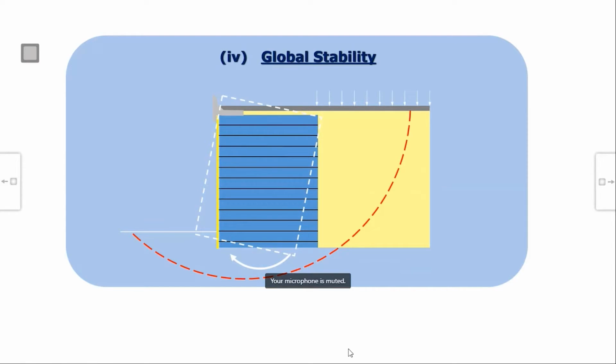And for global stability, we have to take this as a rigid body, take properties of this soil, we neglect the facia normally and take the surcharge, and then put all these things in a computer program, software, and you calculate the minimum factor of safety. There are approximate methods also.